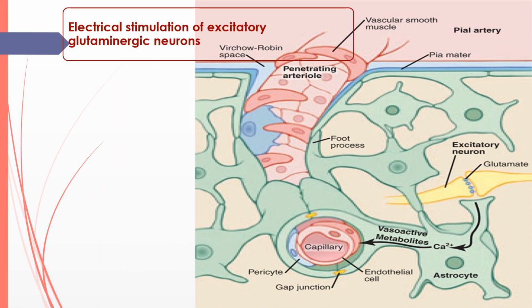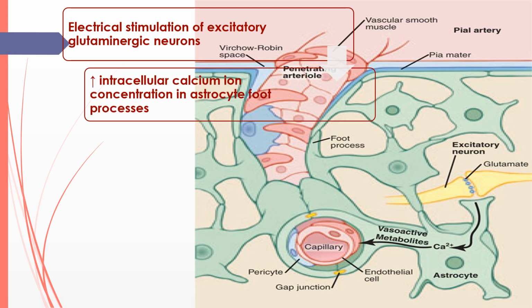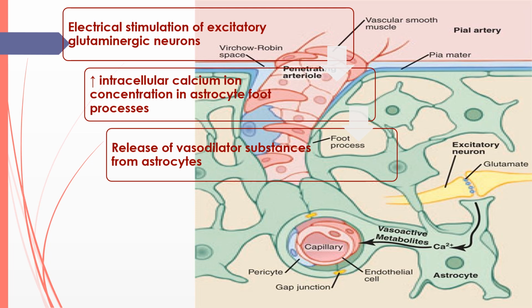Electrical stimulation of the excitatory glutaminergic neurons causes an increase in the intracellular calcium ion concentration in the astrocyte foot processes.